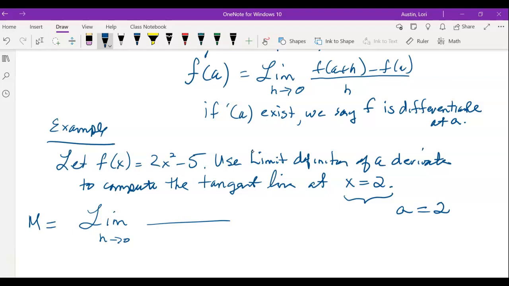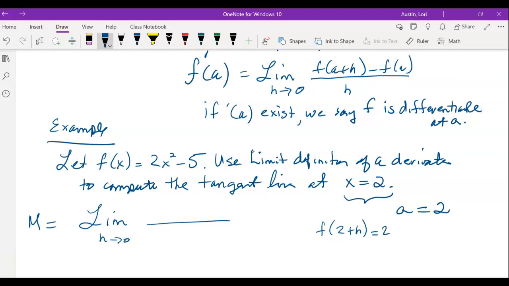So the first thing I need, and I'm going to do it off to the side first, is, what does 2 plus h look like in that formula? What does it look like? Because my f of x is 2x squared minus 5. I want to find f of 2 plus h, right?